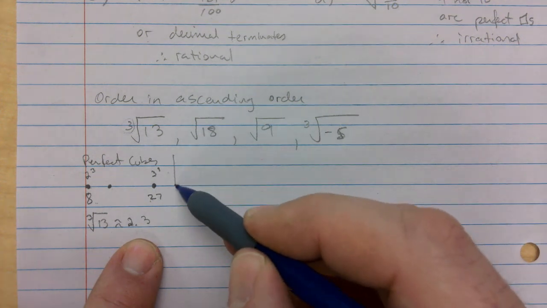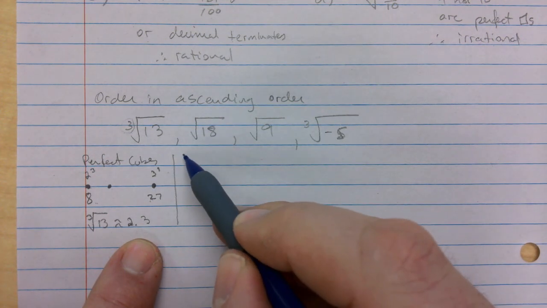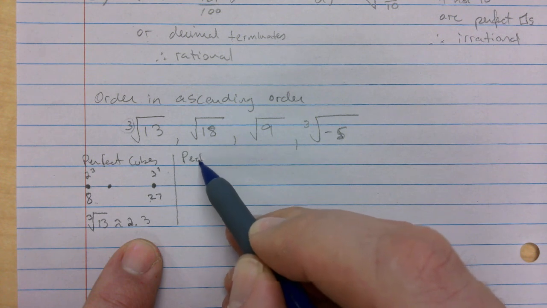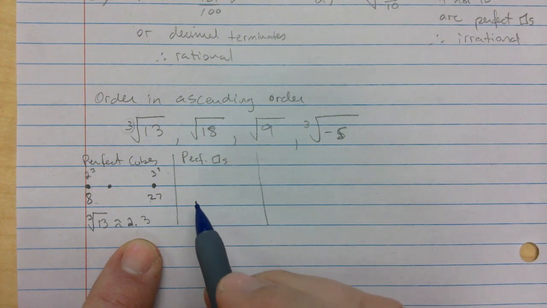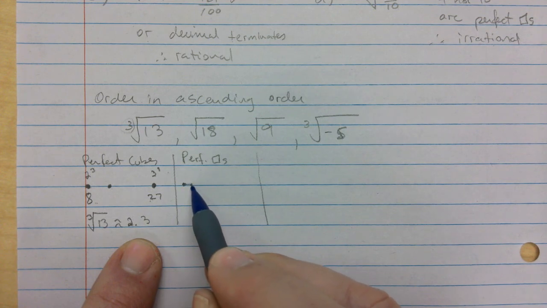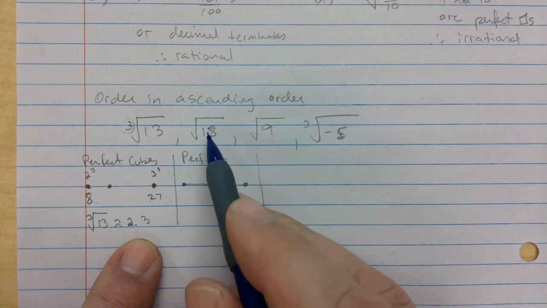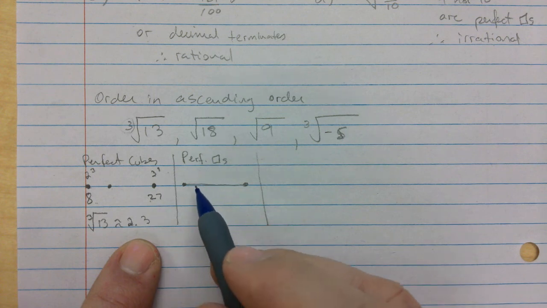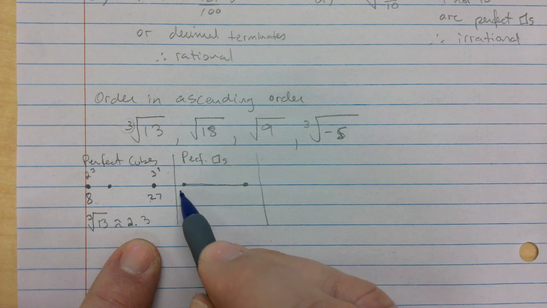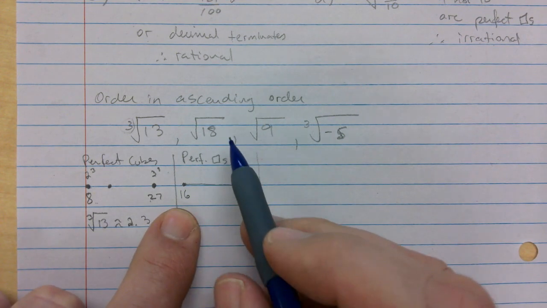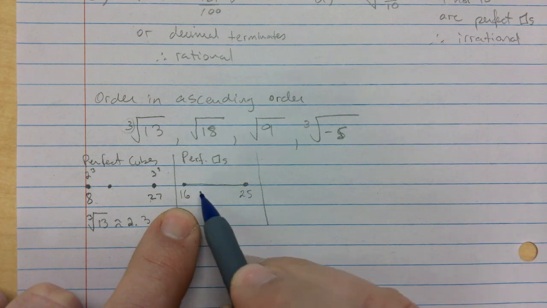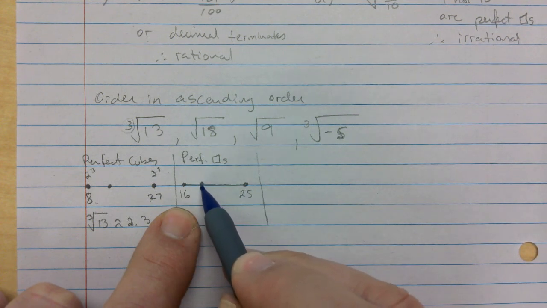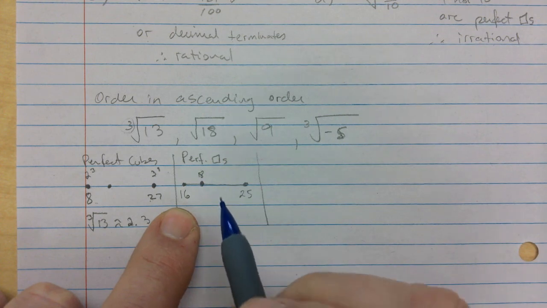Here we're thinking the index, we're thinking perfect squares. I'm going to keep that here. And so you do a number line, and you try to find the perfect squares that this number falls in between. So 3 times 3 is 9. 4 times 4 is 16. So 16 is the one that is below 18. 5 times 5 is 25. So 18 is between 16 and 25. So 18 falls right there.